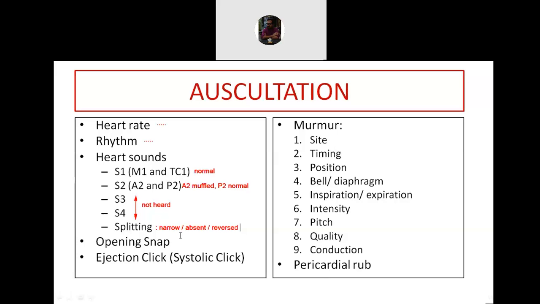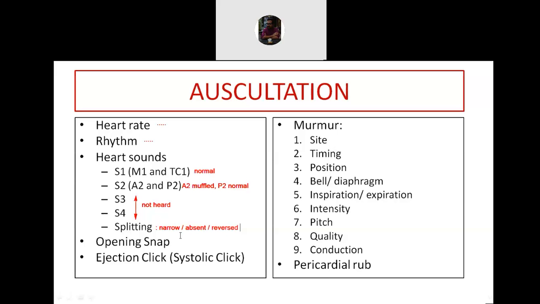So normally A2 happens first and P2 happens next. Now, the left ventricle outflow tract has become narrow. As it is narrow, it takes a longer time for the blood to go out. Only after the blood goes out, the valve will close after the pressure gradient opposes. So as it is taking a longer time, A2 happens later than predicted.